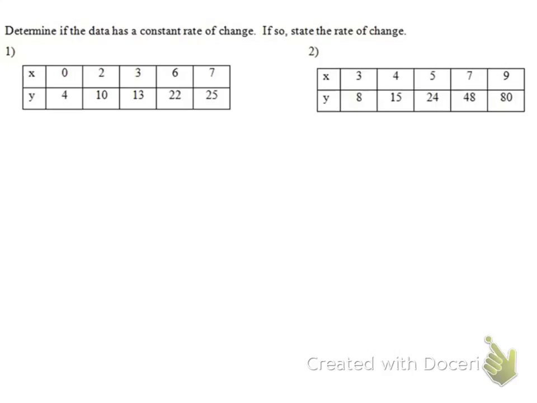Now, the directions are very important here. It says determine if the data has a constant rate of change. Constant rate of change means that the rate of change stays the same. It's constant. It's the same. So what we're going to do is find the rate of change in between two ordered pairs, and then two ordered pairs, and then two ordered pairs, until we compare the whole chart that you're given.